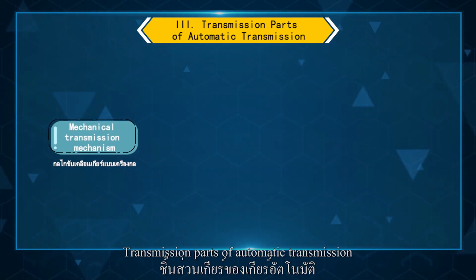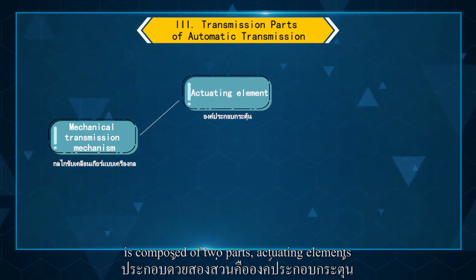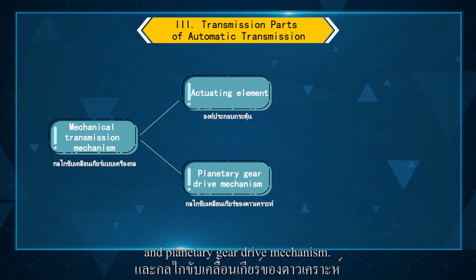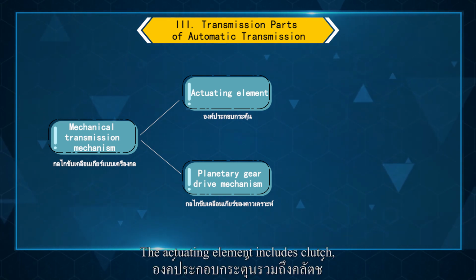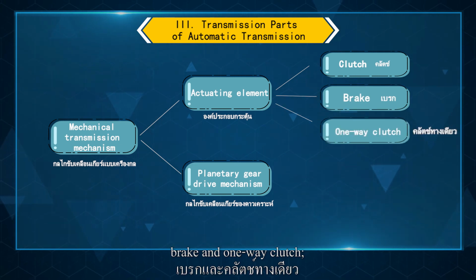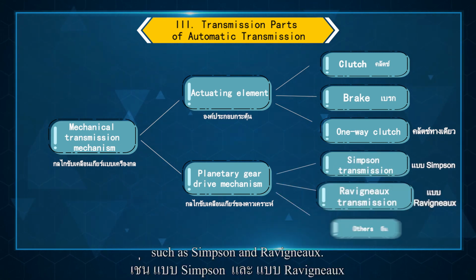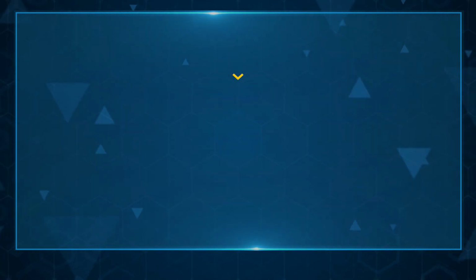Transmission parts of automatic transmission is composed of 2 parts: actuating elements and planetary gear drive mechanism. The actuating element includes clutch, brake, and one-way clutch. There are different types of planetary gear mechanism, such as Simpson and Ravenix.